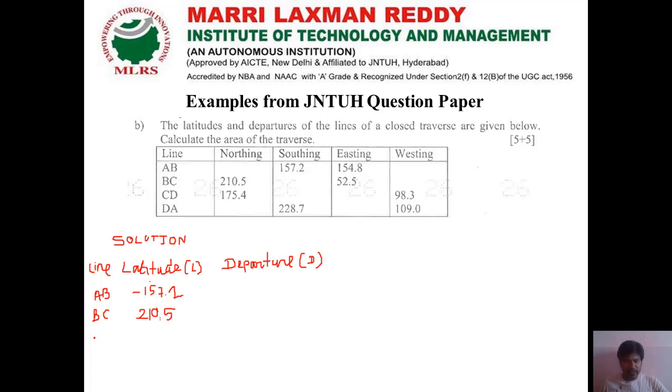Next is line CD, the value is plus 175.4. Next the line DA. This is a closed traverse, and DA is southing, so we give minus 228.7.